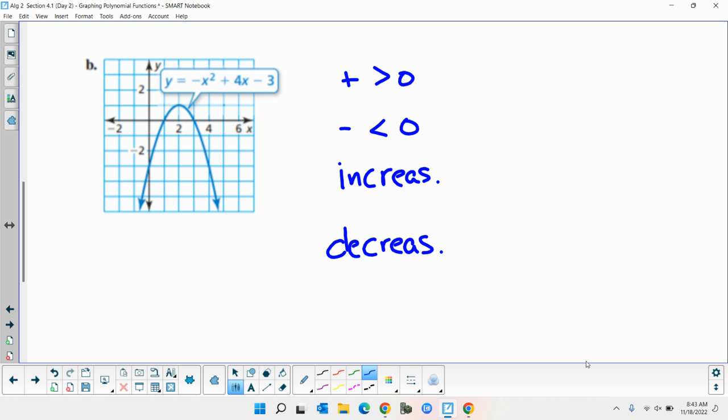Shouldn't be too bad because this is just a regular polynomial that's going down.